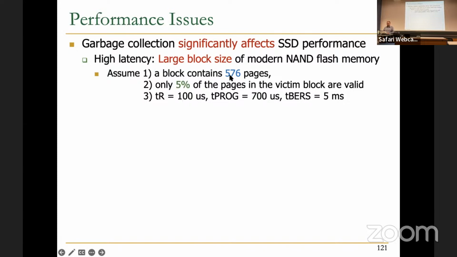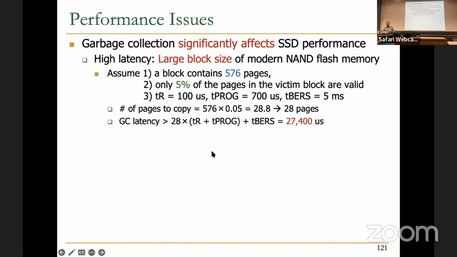But 5% of this number is around 28 pages, meaning that you need to copy 28 pages. The GC latency would be greater than 28 times tR plus tProgram plus tErase, which in this example is around 27 milliseconds.